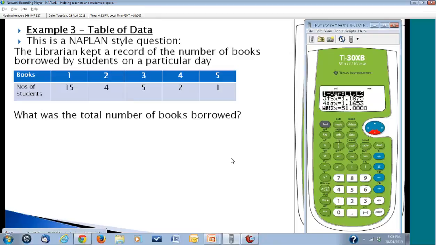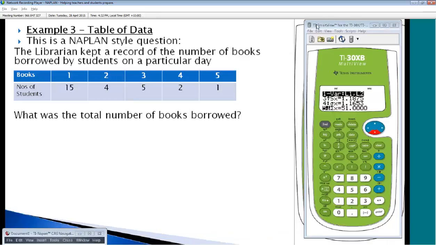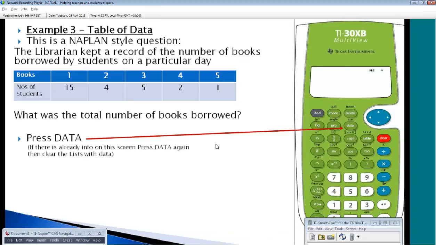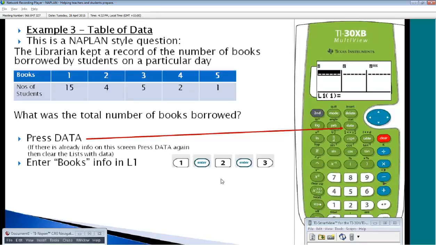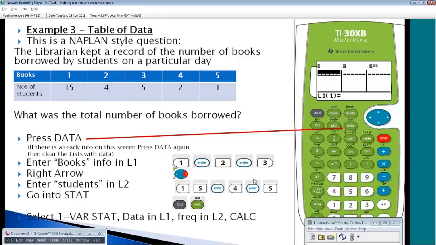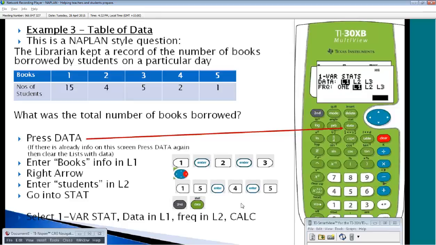And what I have done as well is in the PowerPoint, and I've got to click through it here because I went ahead of myself, is I've actually got the instructions there and reminders on how to clear the data out. So I put in the number of books by pressing 1, enter, etc., arrowed across, entered my number of students, went into stat, one variable statistics, making sure that I set up the frequency list, and then I went down to find the total there.